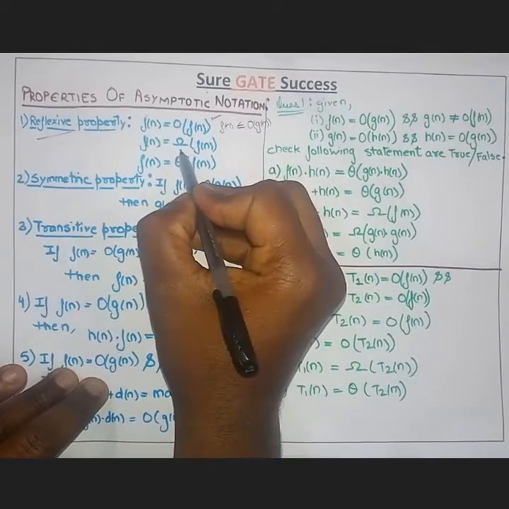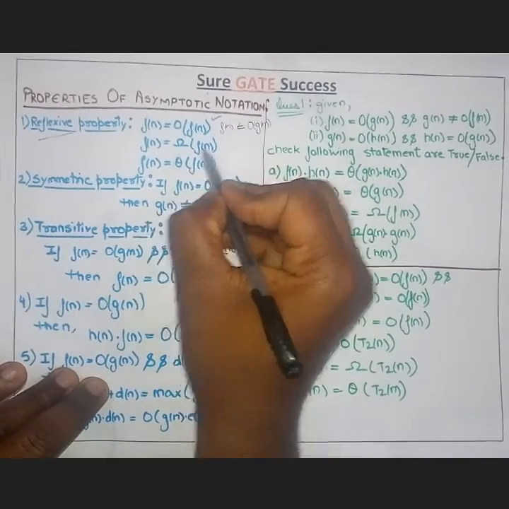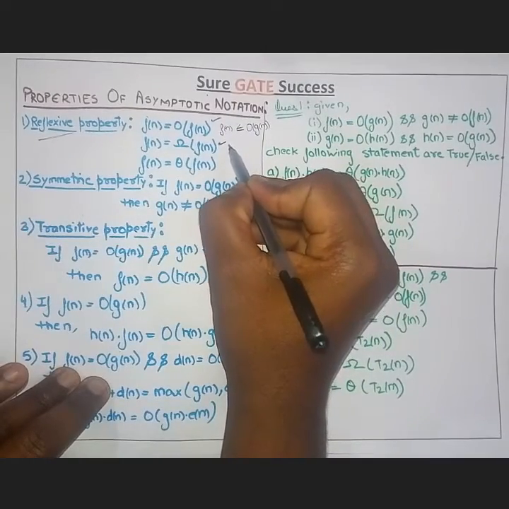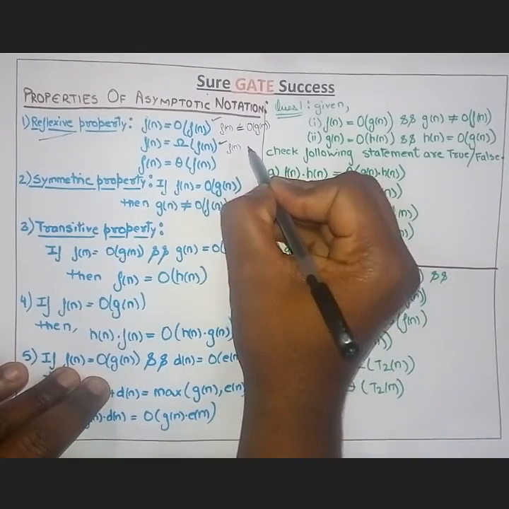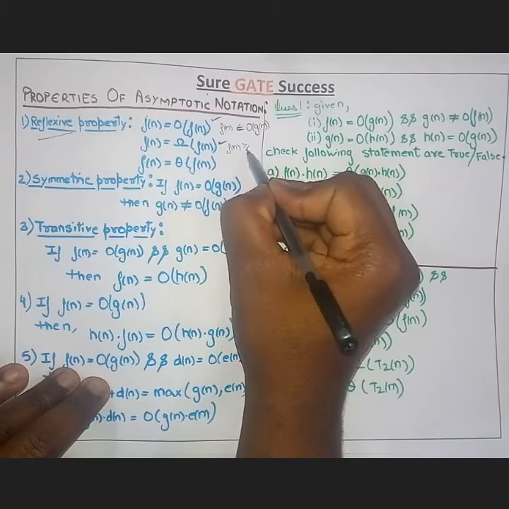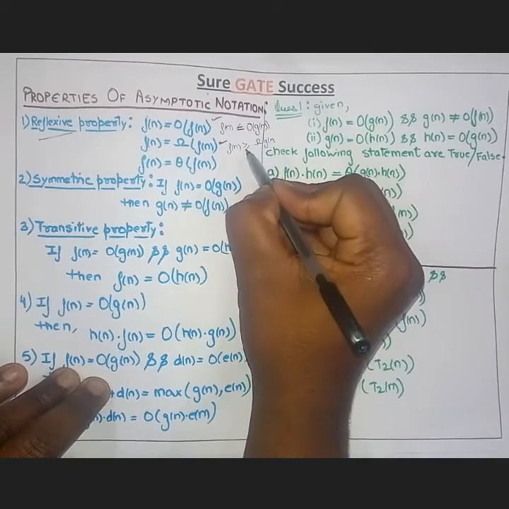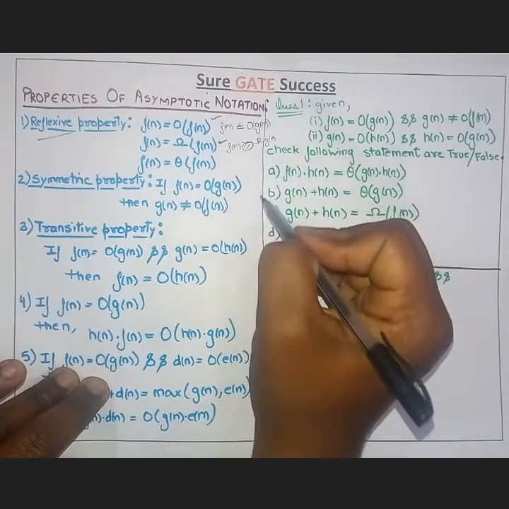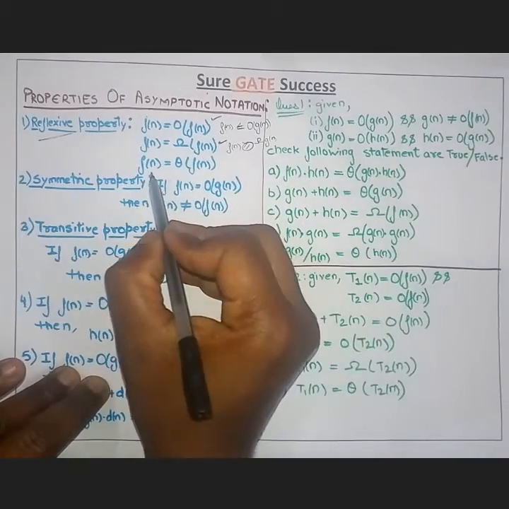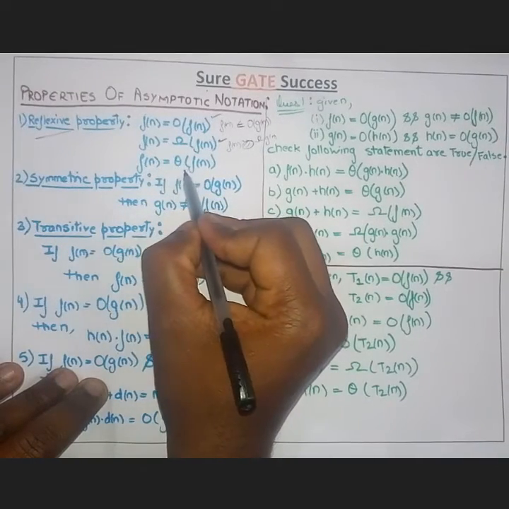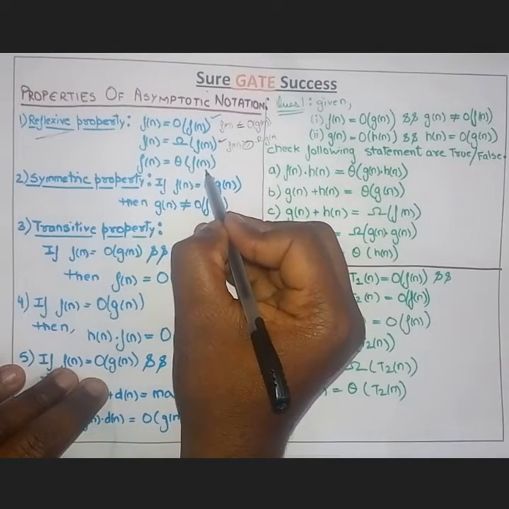Similarly, if we check for omega, this condition will always be satisfied, because for omega the equation is f of n has to be greater than or equal to omega of g of n. So here also is an equals sign. And similarly for the third one, f of n equals theta of f of n.